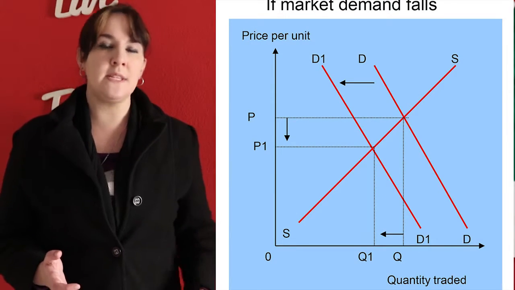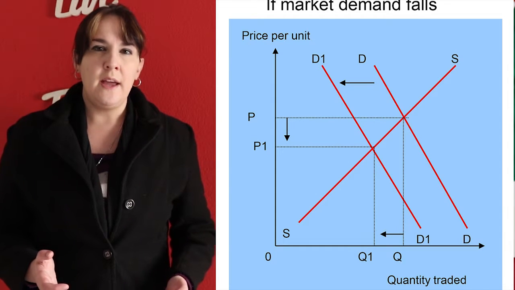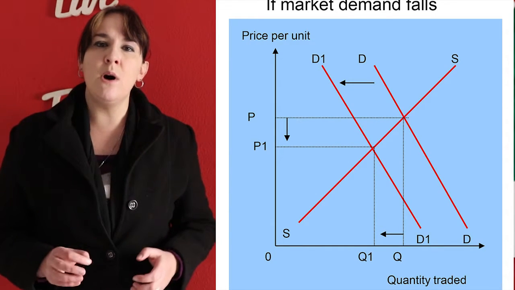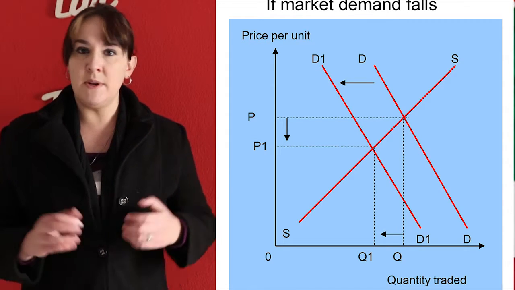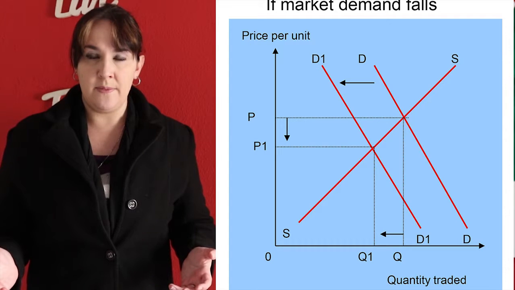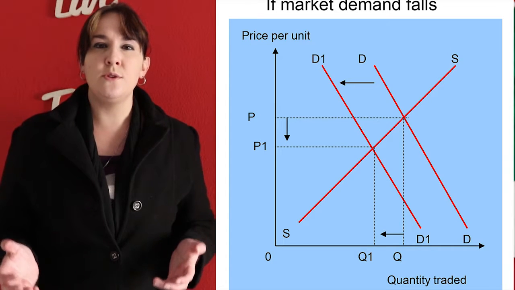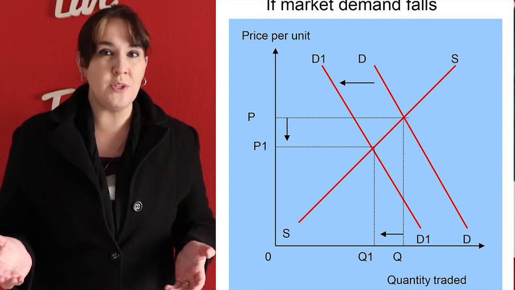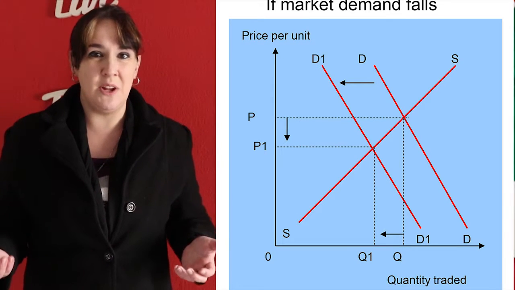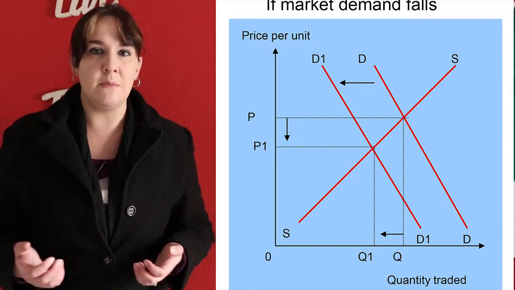There's a decrease in demand. And if my demand had to decrease and my supply stayed the same, what is going to happen to price? Price is going to decrease as well, because there is less demand.